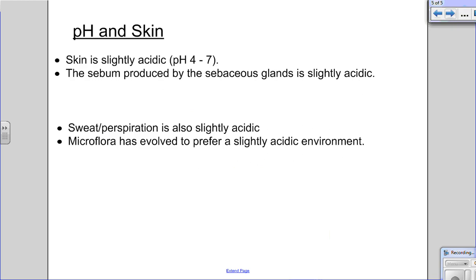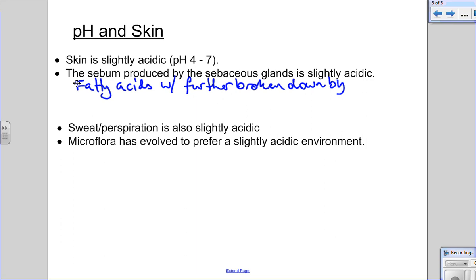now, the pH of your skin is slightly acidic, between 4 and 7. The sebum produced by the sebaceous glands, go back to the previous lesson if you're not sure what that is, is slightly acidic, and again, that contains fatty acids, which are further broken down by bacteria.